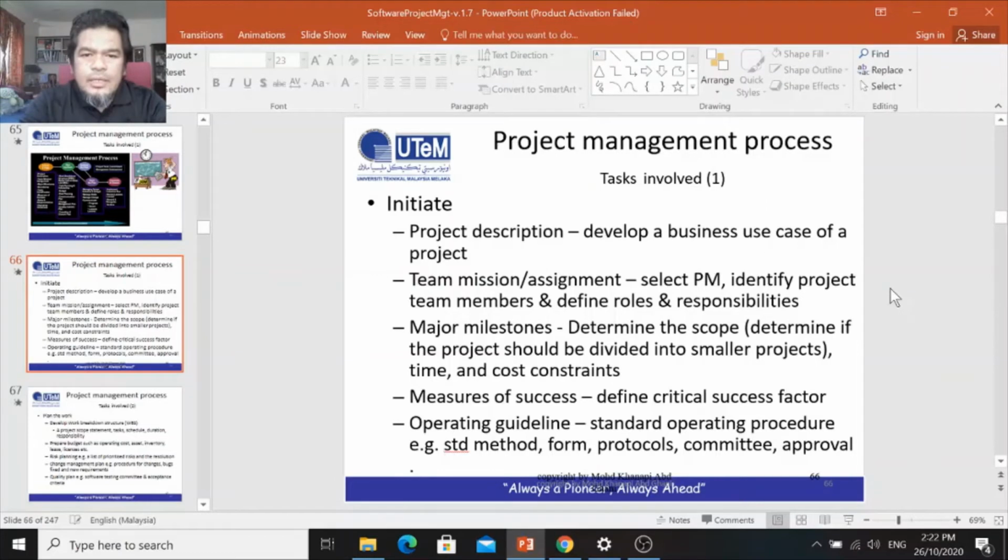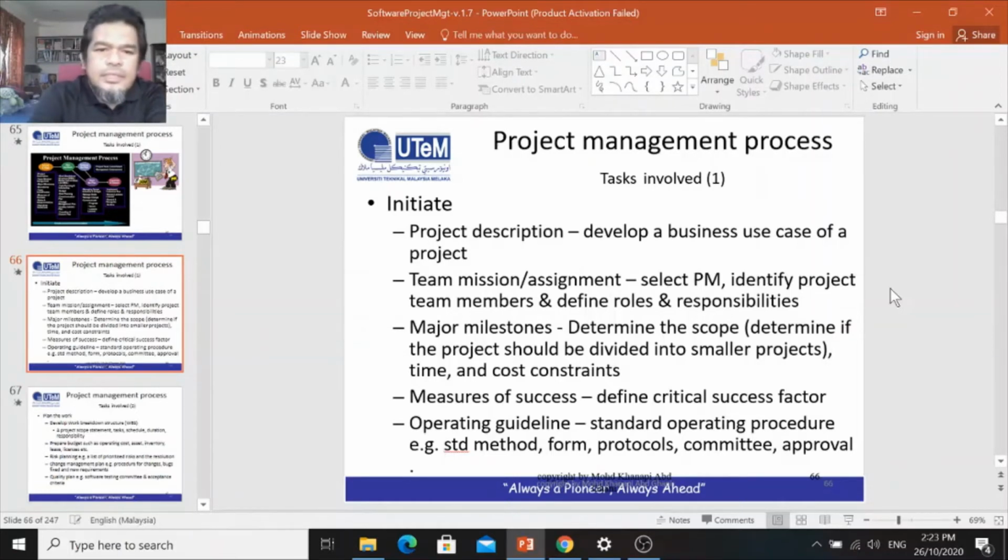During the initiation, you need to measure the success and define the critical success factors, what you need for achieving success. For example, you need a highly skilled programmer, a highly skilled project manager, a highly skilled system designer, and so on.